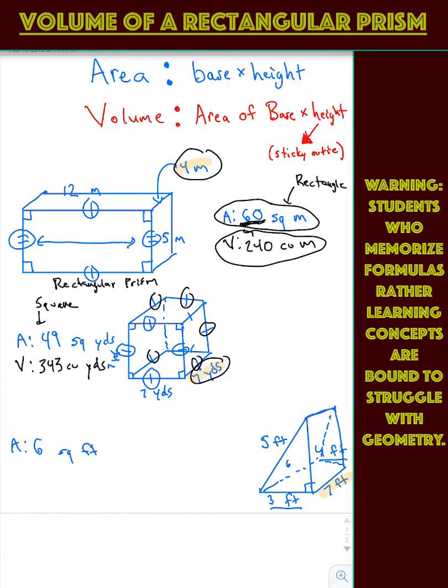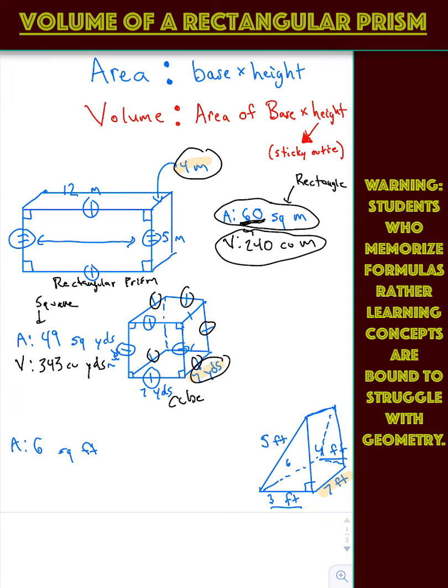Lastly, my last base here was a triangle, which will make this a triangular prism because the base is a triangle. All prisms are named after their base: a triangular base, a triangular prism; a rectangular base, a rectangular prism.